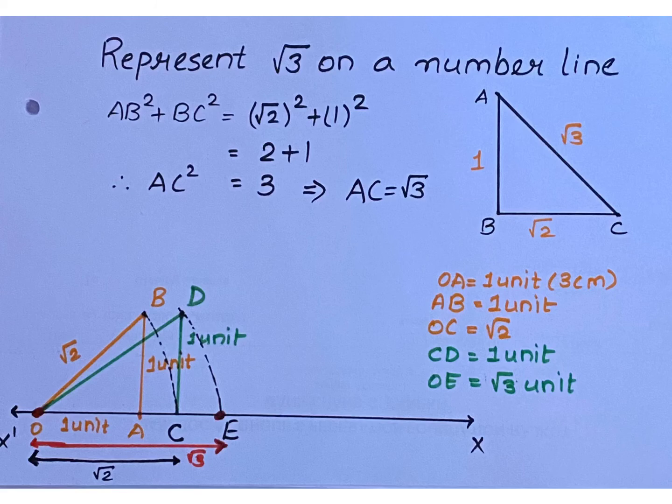Now taking O as center and OD as radius, draw an arc which intersects the x dash axis at point E. Thus OE is equal to root 3. This way you can represent root 3 on a number line and you can write these steps as we have studied earlier how to write them.